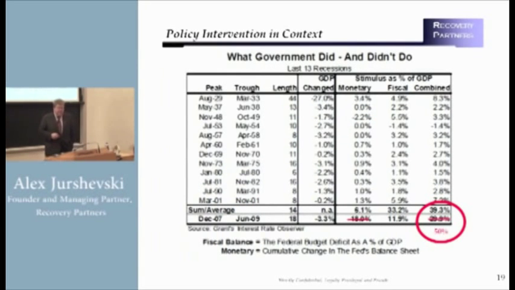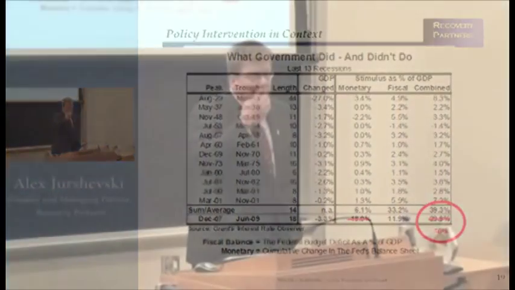Let's look at what's happened here. In previous cycles in the United States, we had an average of about a 3% drop in the economy in a recession, and an average of about 3% combined fiscal and monetary stimulus relative to the size of the economy, engineered by the Fed and the Treasury.